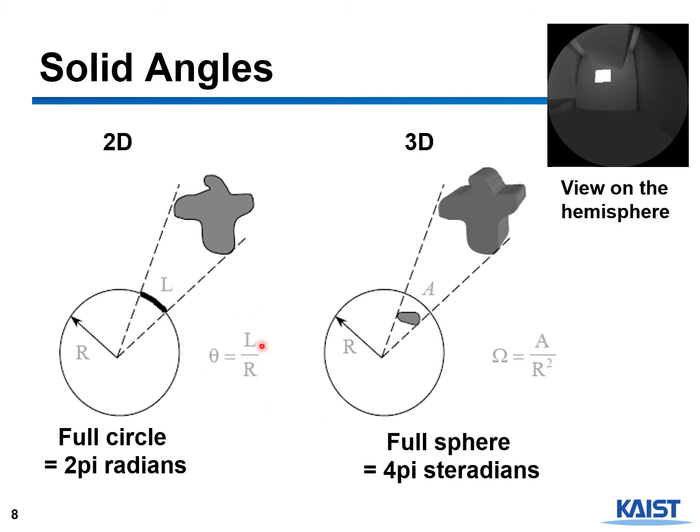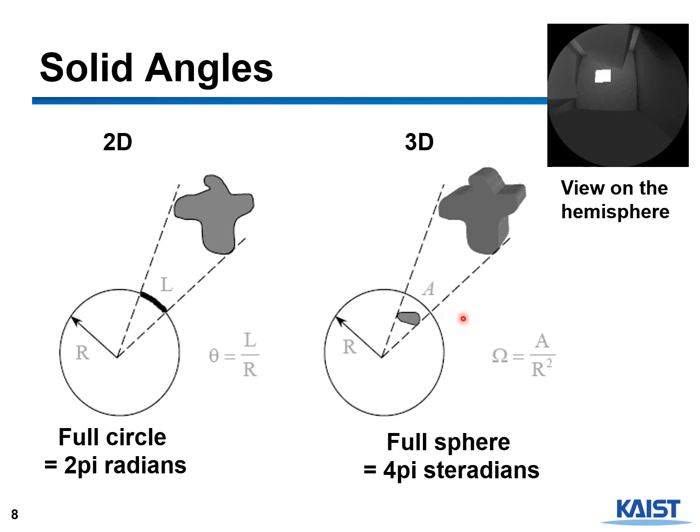L is again the arc length, which is nothing but the projected length on the circle from the object. We can simply extend this 2D case into the 3D case. Then this 3D object projects onto a certain area on this 3D sphere.